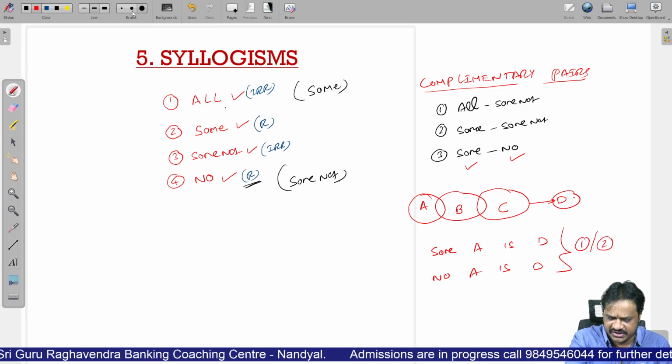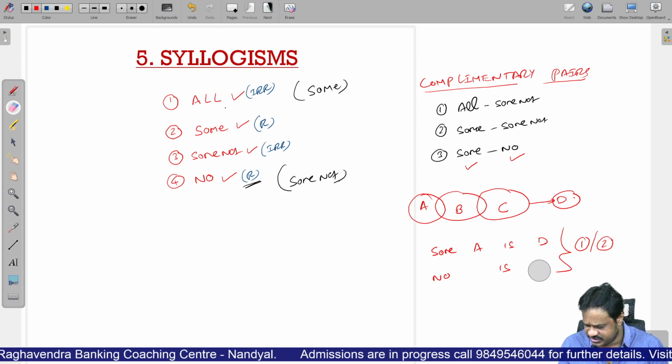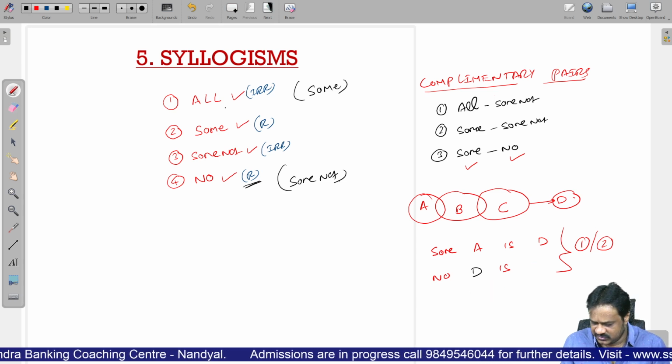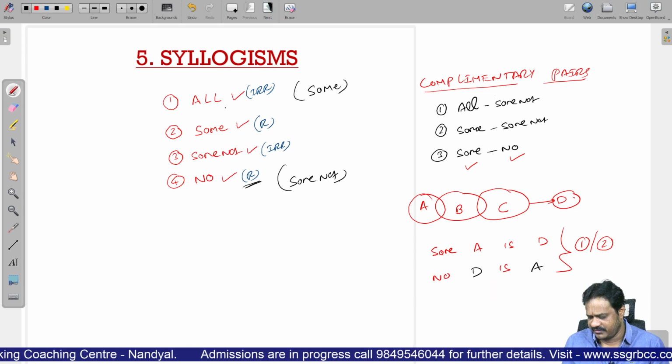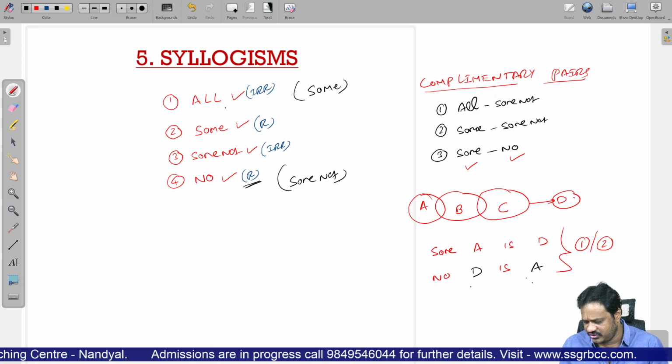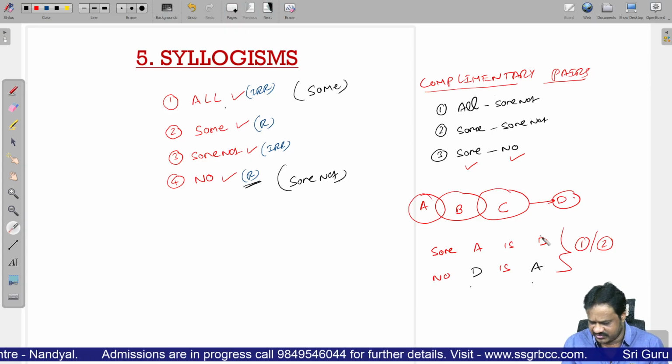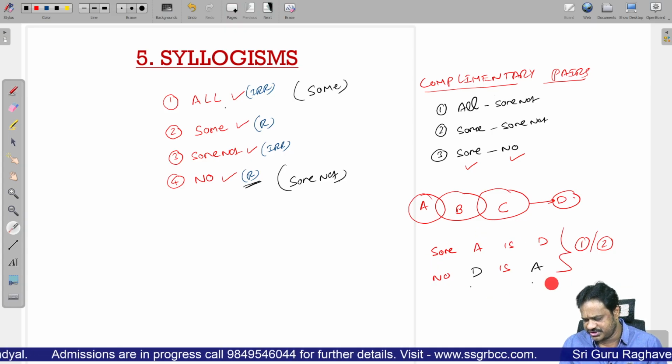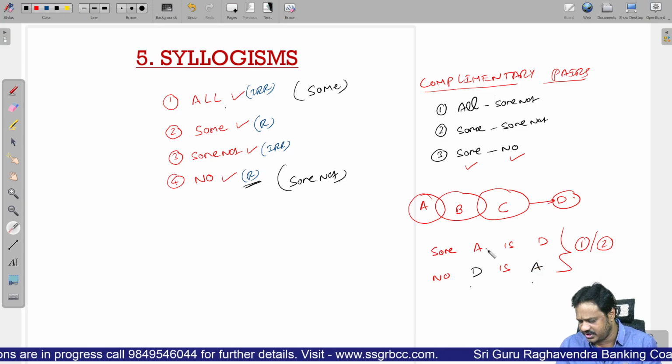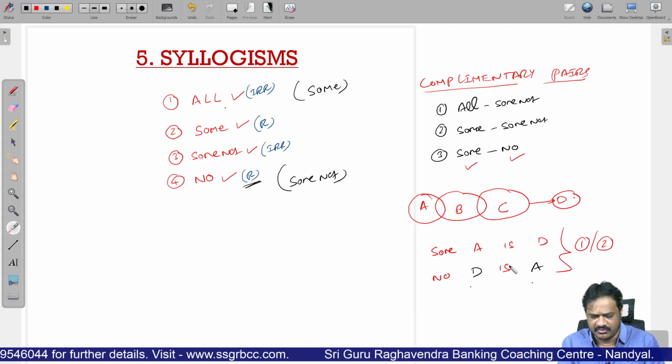See, if I change the positions, suppose I am writing like this, some A is D, no D is A. That means I am changing the subject and predicate. Then also this is a complementary pair. Why? Because some A is D can be written as some D is A. Some D is A, no D is A. So this is also a complementary pair.